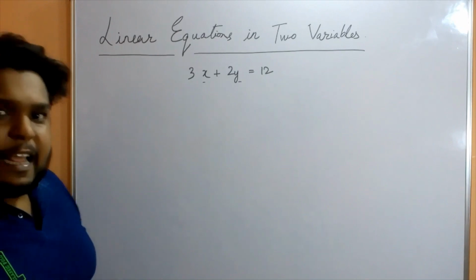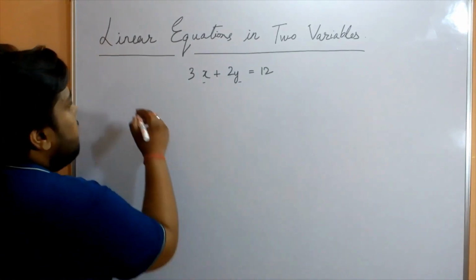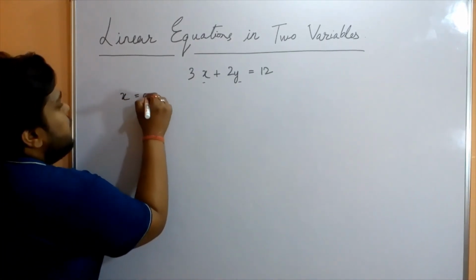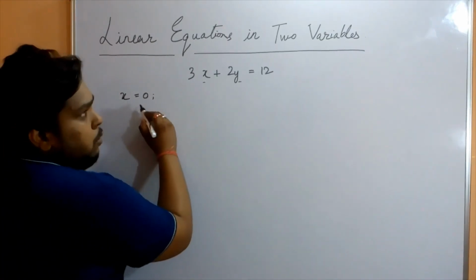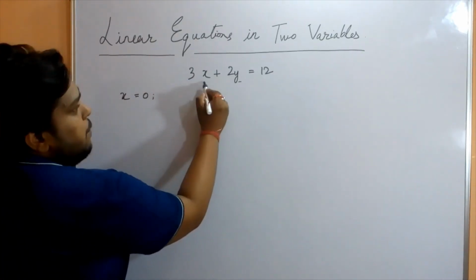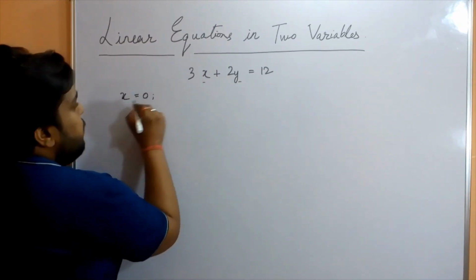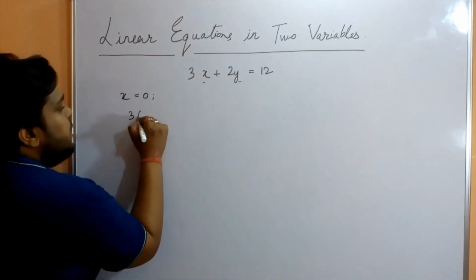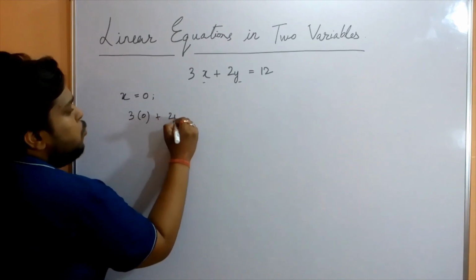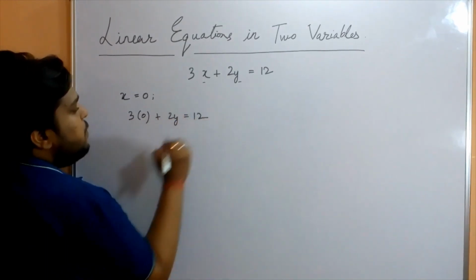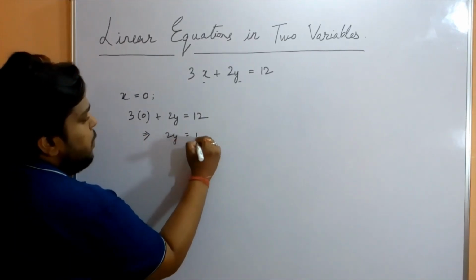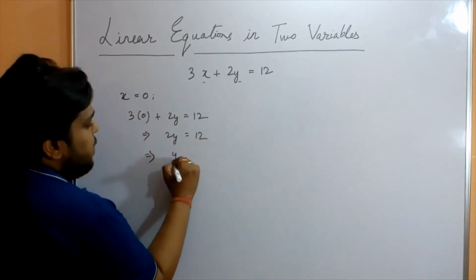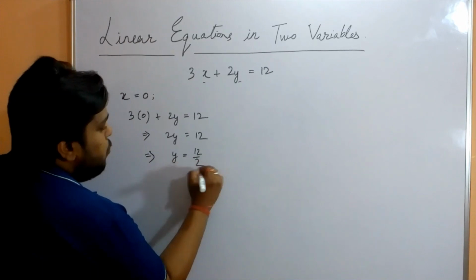Now let us assume that x equal to 0. If we put x equal to 0 in this equation, what do we get? 3 into 0 plus 2y equal to 12 rupees, which means 2y equal to 12, implies y equal to 12 by 2.